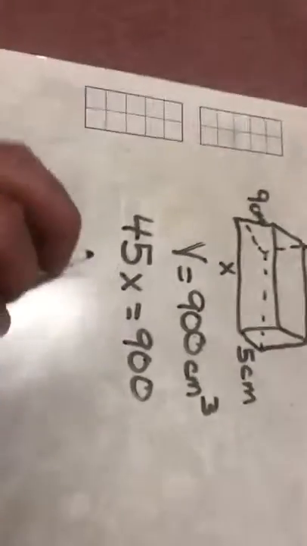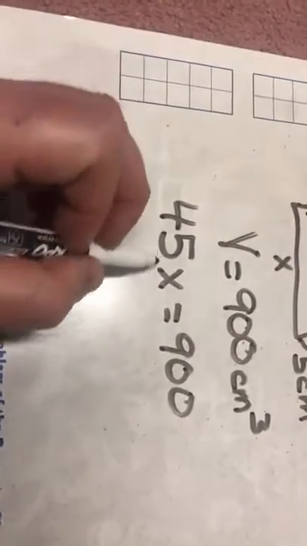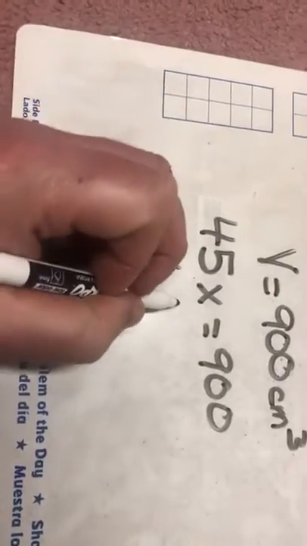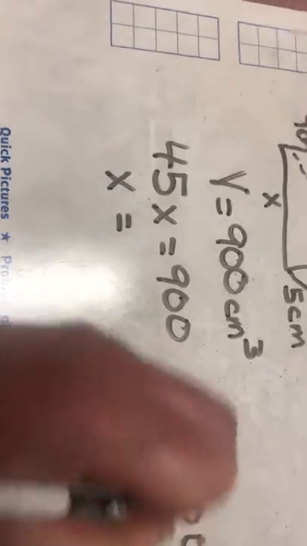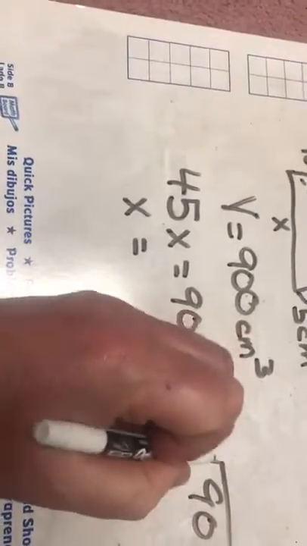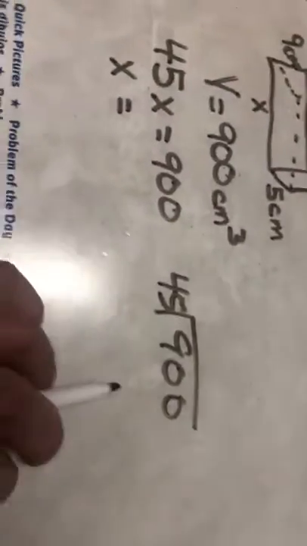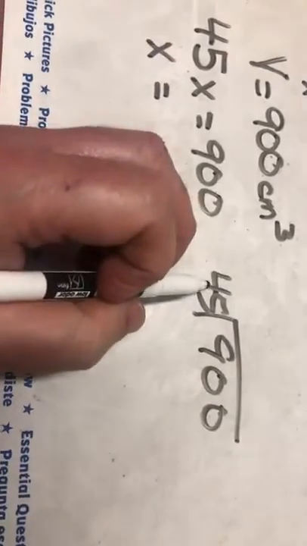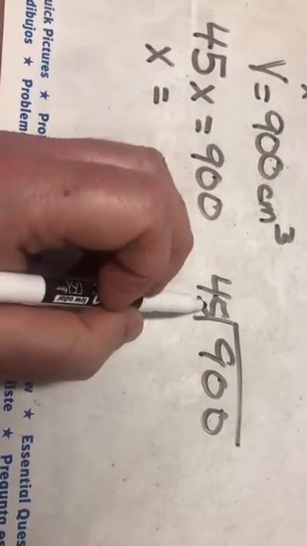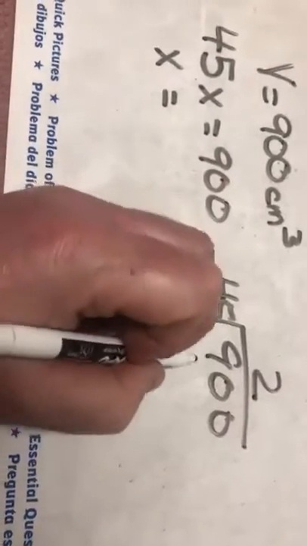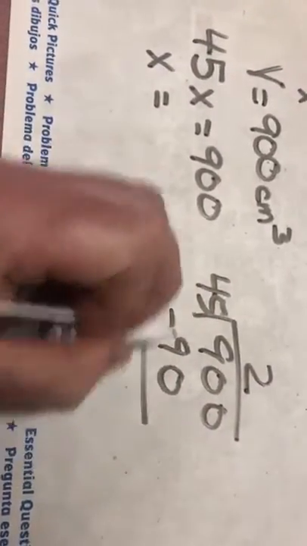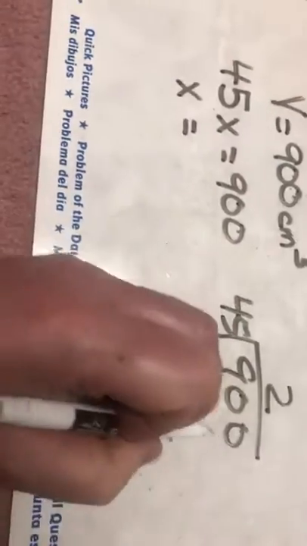Well, so I'm just going to divide everything by 45. 45x divided by 45 is going to equal x. So I just need to do 900 divided by 45. That's not a very difficult division problem, 6th grade. Without too much difficulty, we should realize that 45 can go into 90 twice, and that 2 times 45 equals 90, and that 90 minus 90 is 0.